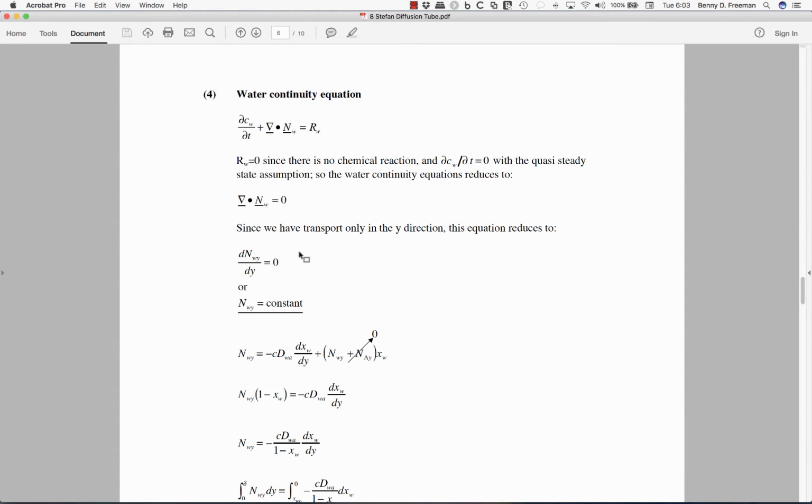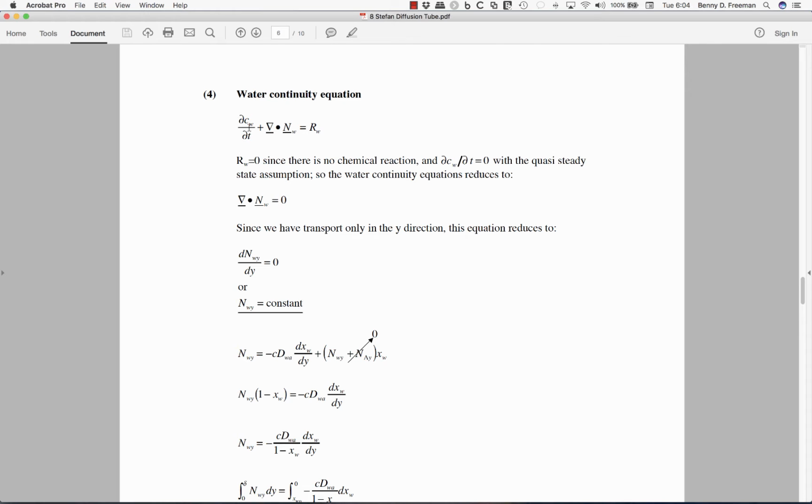So now we turn to the species continuity equation, and we'll work on water, since that's the component that we're interested in monitoring here. There's no chemical reaction, so we can get rid of the reaction term. We're treating this problem in the limit of a quasi-steady state, or what's often called pseudo-steady state.